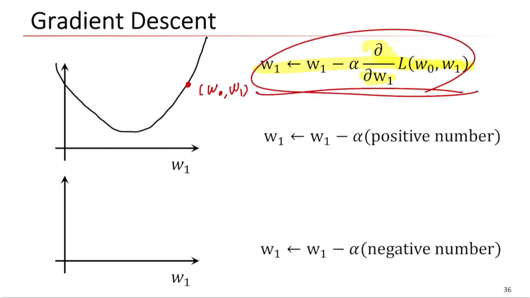To compute this equation, to compute this value. So what is the gradient at this point? It is the tangent line of this graph, right? If you don't understand why this gradient looks like this, please find some other material on what gradient means. Anyway, in this case, the gradient looks like this.